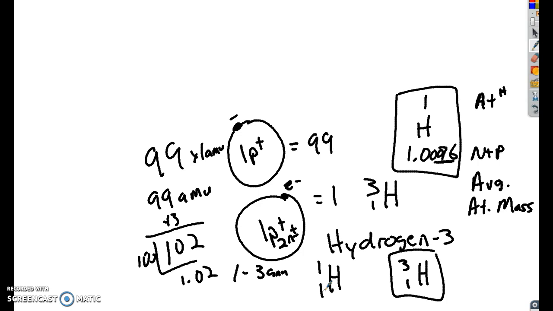Carbon-14 is an isotope that's used to date the age of relatively recent remains, human remains and artifacts, I believe, up to 50,000 years old. Something like that. It's fairly reliable up until that. And that's an isotope of carbon. Over time it breaks down, so it can only be used to date things up to a certain time. But those are some other examples of isotopes.